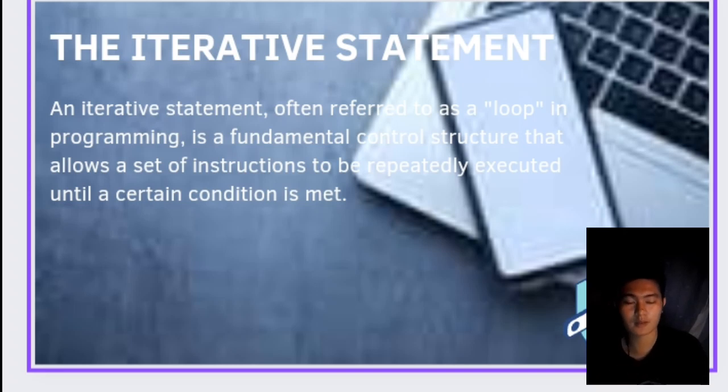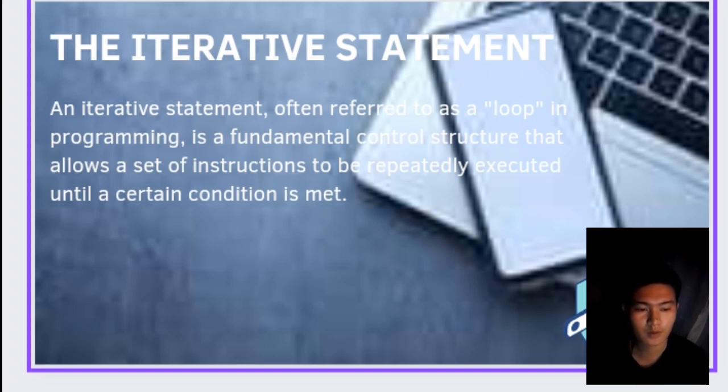An iterative statement, often referred to as a loop, is a fundamental construct in computer programming that allows you to repeatedly execute a block of code as long as a certain condition is met or for a specific number of iterations. Iterative statements are used to automate repetitive tasks and make your programs more efficient and flexible.